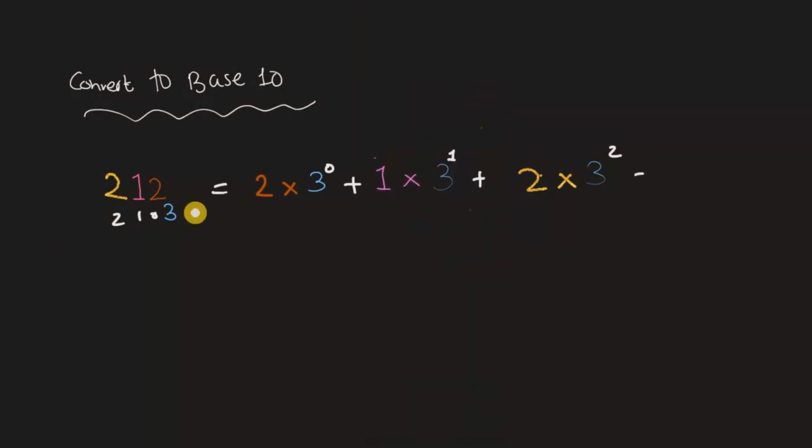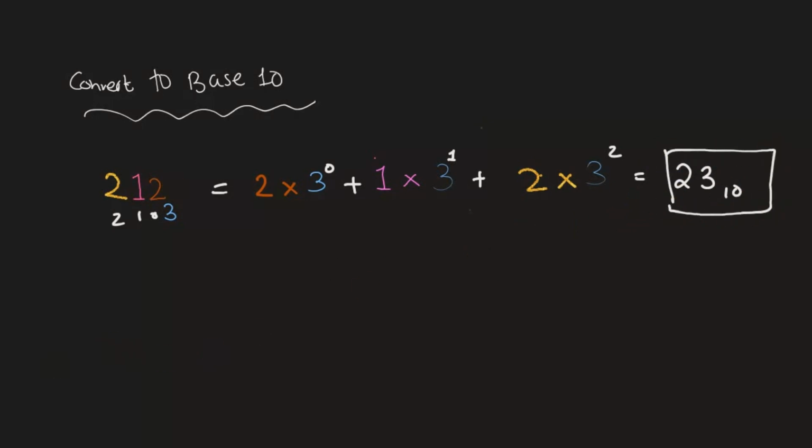So that's what you're basically doing. You're taking this number, multiplying by the base, and the base gets the exponent that you have numbered. Because there are 3 numbers, you name them 0, 1, 2. Then you get the answer. The final answer will be 23, and now it's in base 10.